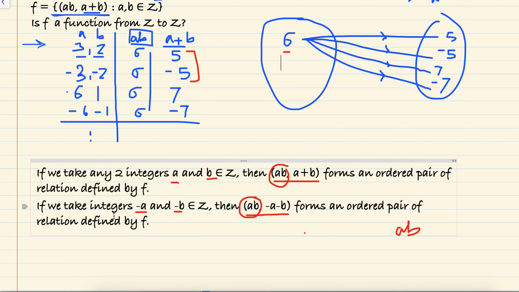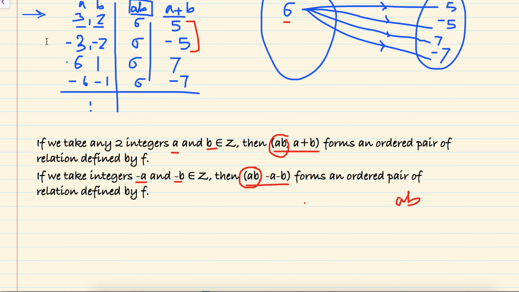So we can write that here AB has A plus B as one image and minus A minus B as another image. At least two. We don't know there are more, but at least we have two.